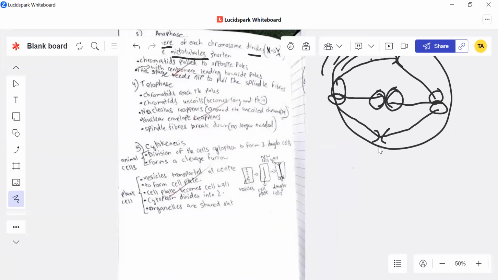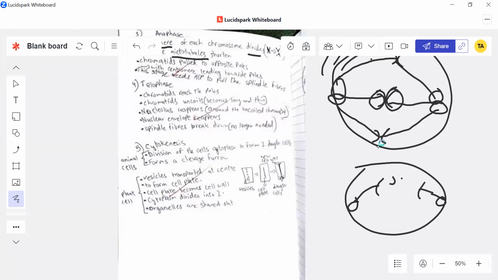For example, this is one chromatid, and this is another chromatid. Before it was like this, but now they've broken apart and they move to opposite ends. At this stage, you need ATP to pull the spindle fiber.